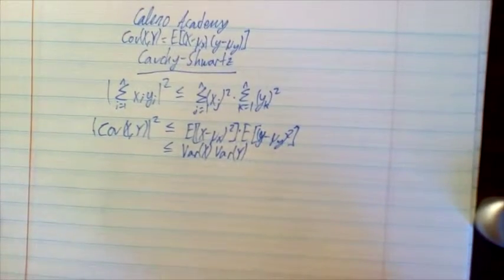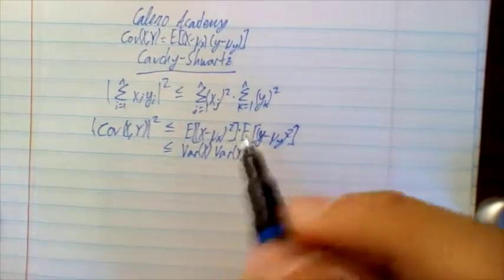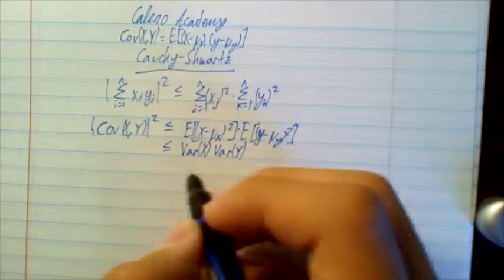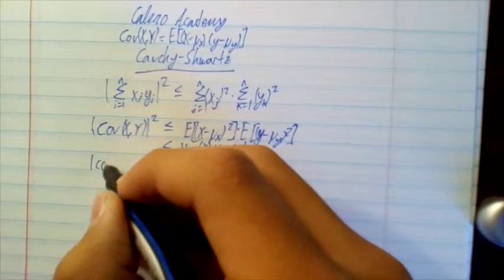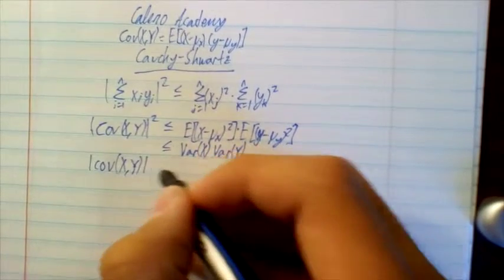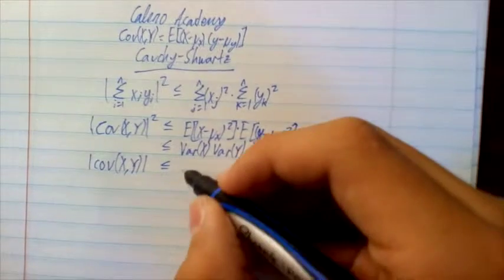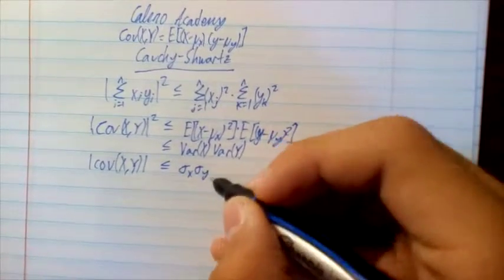Let's take the square root of both sides, and we don't have to worry about the right-hand side since the right-hand side is always positive. So, we can write the absolute value of the covariance of x and y is less than or equal to the standard deviation of x times the standard deviation of y.